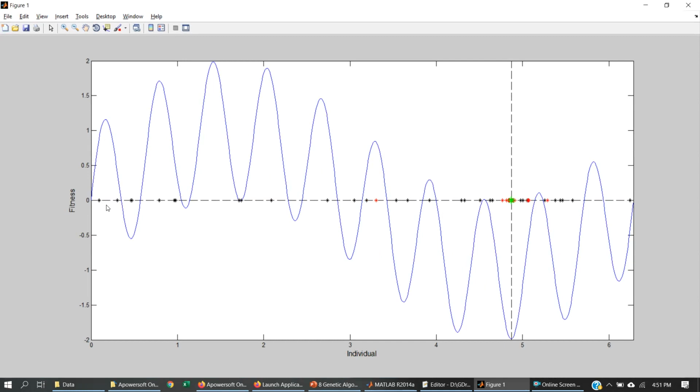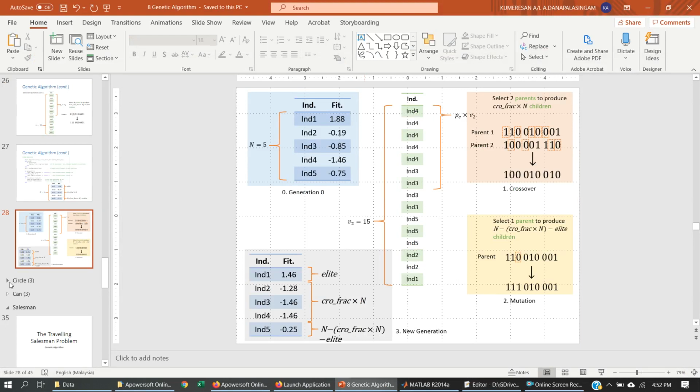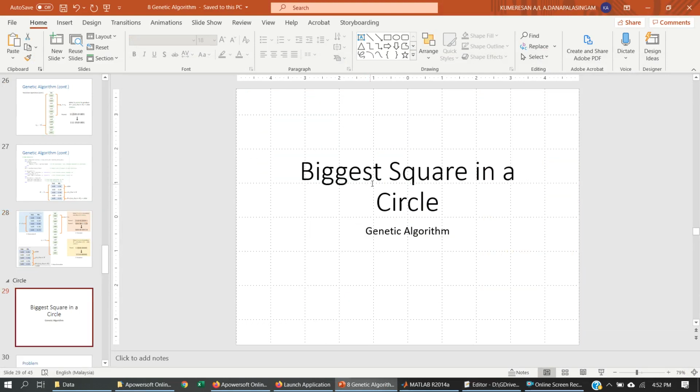Every generation we have to generate 30 individuals, and as I said, the genetic algorithm is designed such that in every generation the individuals converge closer and closer to the optimal solution. That's why it looks like fewer than 30 red points, but actually there are 30 red points. Okay, that's about it. Let's go to the next example.